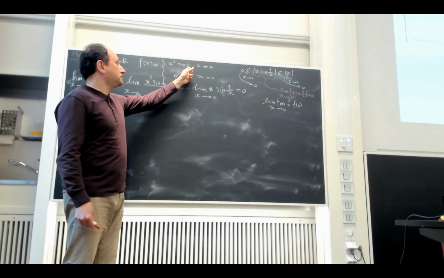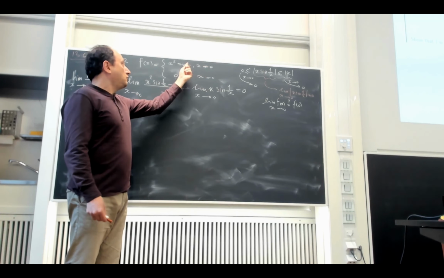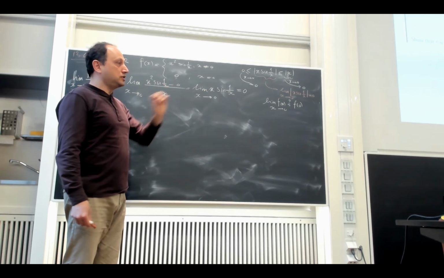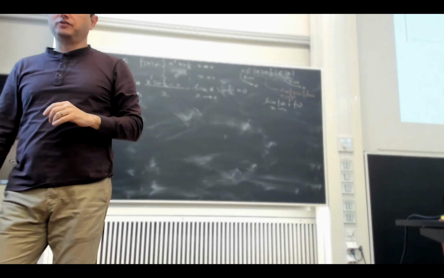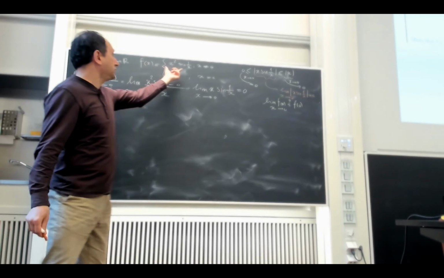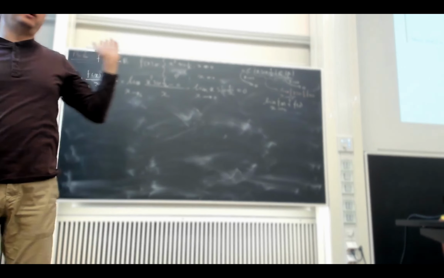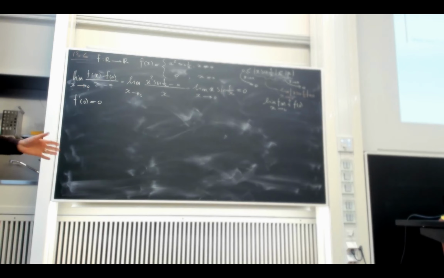The only thing that makes a problem for me is x equals 0, which is excluded. So 1 over x is differentiable if x is not 0. The sine function is differentiable. The composition of two differentiable functions is differentiable, and the product of differentiable functions is also differentiable. So this means that finally this function is differentiable. So anyway, this function is differentiable everywhere.